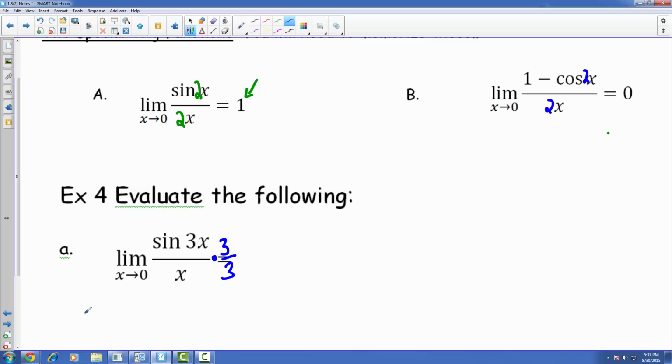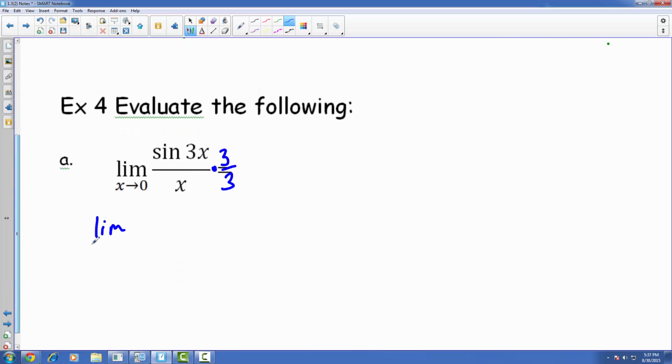So once we do that, we end up with the limit, as x approaches 0, of the sine of 3x times 3, all over, on the bottom, x times 3. Well, that's just 3x.